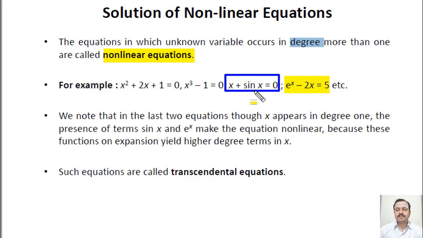Now if we look at these two equations, the term sine x in the first equation is a nonlinear term in x, because when you expand sin x using the Maclaurin series, that is the Taylor series in the neighborhood of 0, the expansion will be x minus x cube by 3 factorial plus x to the power of 5 by 5 factorial minus x to the power of 7 by 7 factorial.